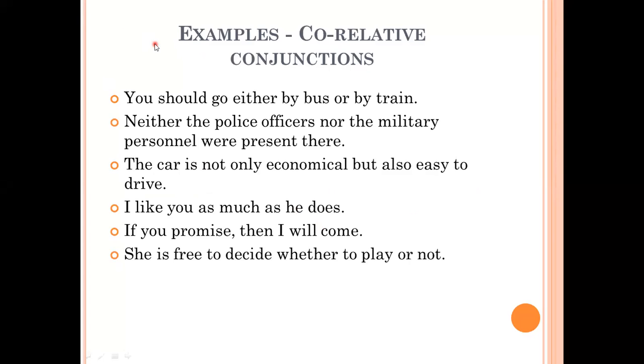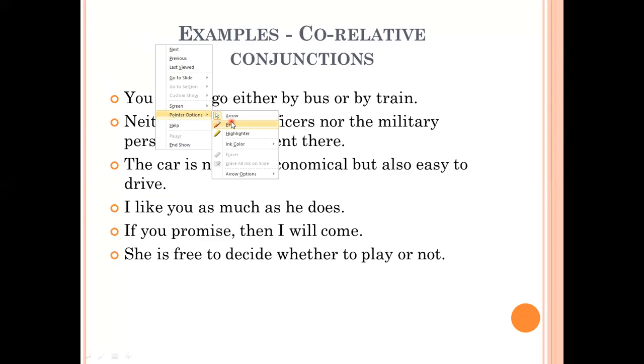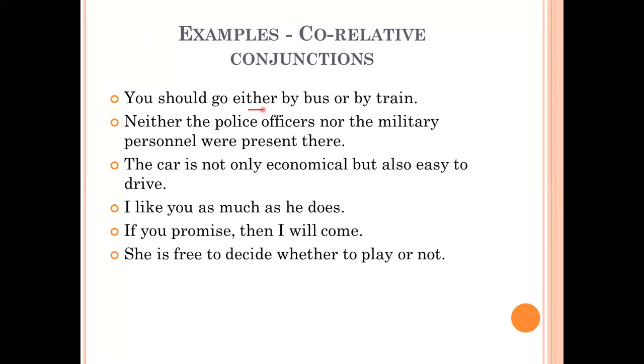There, first of all, it says, you should go either by bus or by train. So you'll come to know either or is used here. Second one, neither the police officers nor the military personnel were present there. So which conjunction? Correlative. Neither nor. Yes, neither nor. I would rather go out than staying at home. Yes, that's also right, Akshata.